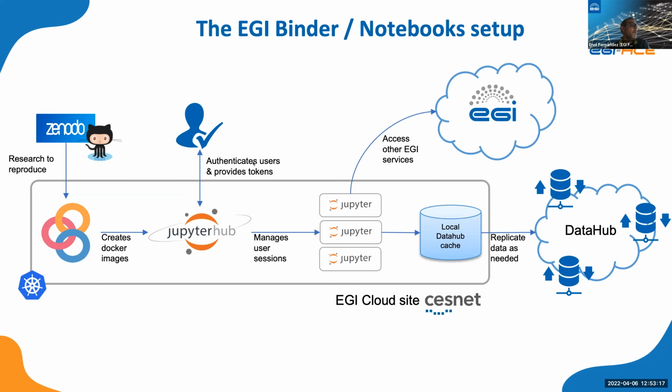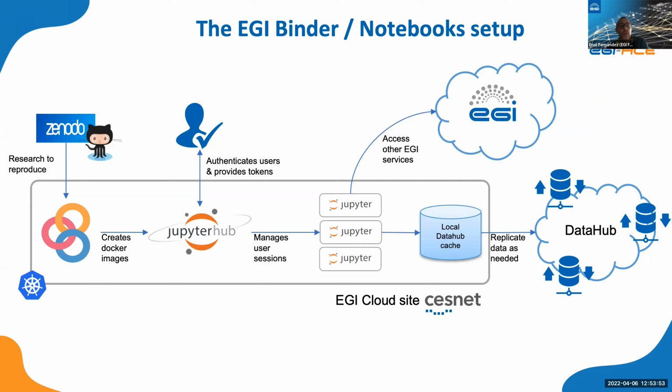And as I said, as we have these tokens, you can potentially access any of the other EGI services, so more cloud computing resources, high throughput computing resources, HPC resources. We're looking into adding them also to make them accessible through these Check-in tokens. So potentially from the notebooks environment, you can reach quite an extensive range of services and computing resources for developing your ideas. So that's the setup.